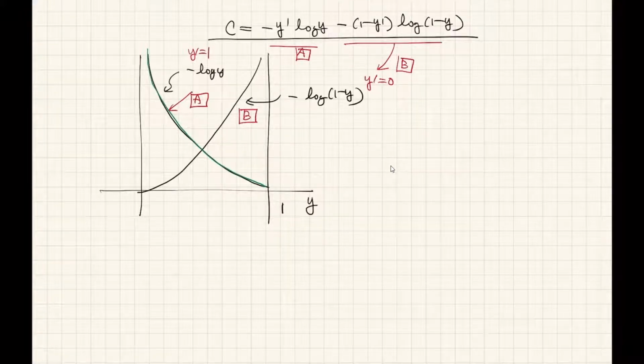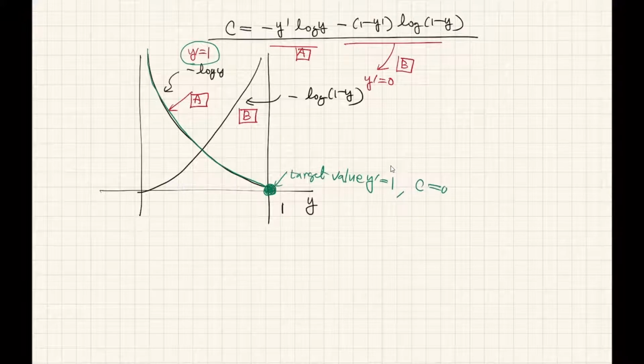So as I mentioned before, y dash is equal to 1. That means that this is the target value. So the optimal point is where the cost function becomes 0. This is our target.